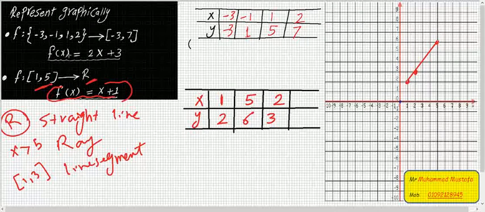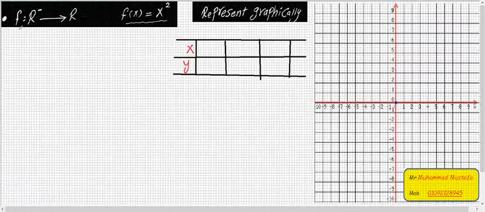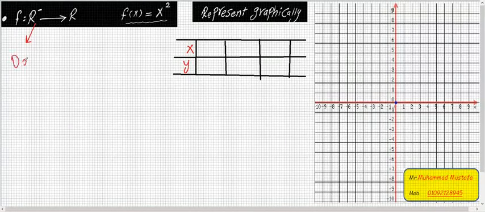Here we represented the first function and the second function. The third function is from negative R to R, here the domain and here the codomain.